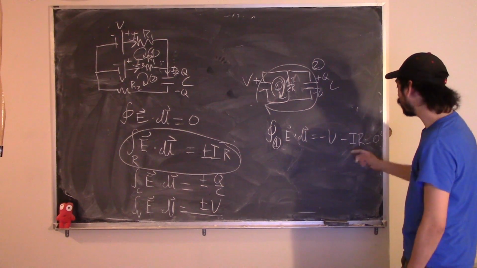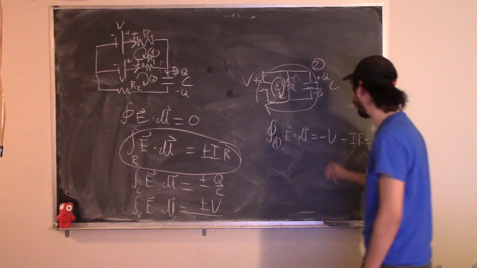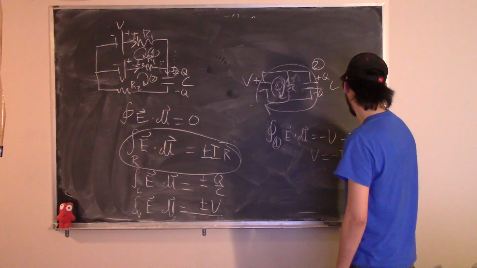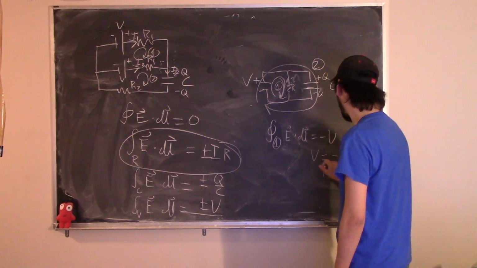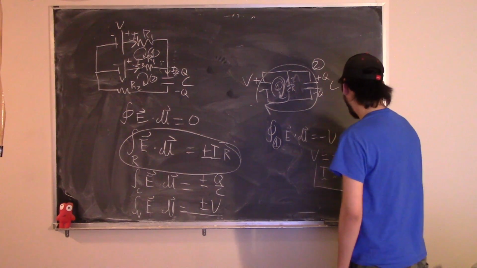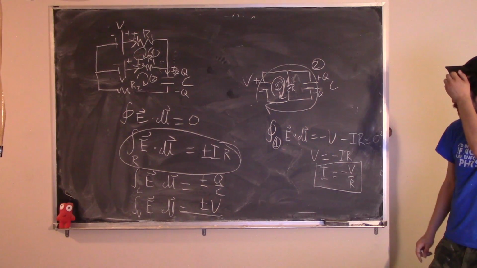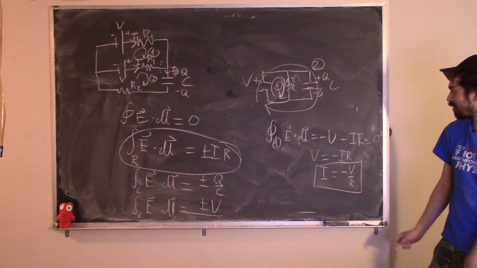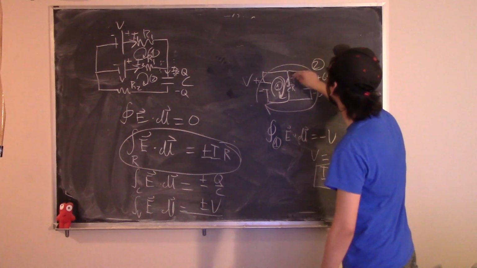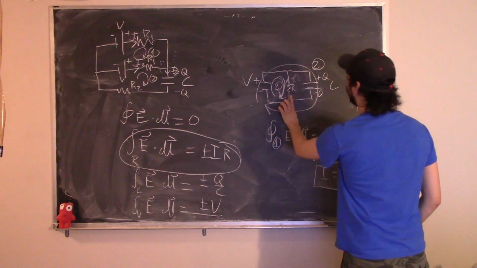Okay? So ultimately what I ended up seeing here is kind of interesting. When I solve for I, V is going to be equal to minus IR, or I is going to be equal to minus V divided by R. I'm getting a negative current here, which is kind of interesting when we think about it, because why would the current be negative? That actually just means that the current is going to go the opposite direction as the way that I drew it. I drew this current going up.